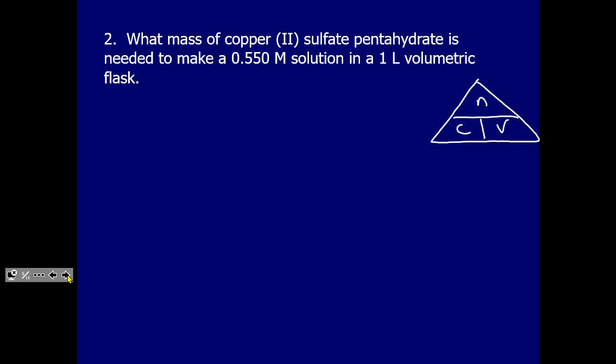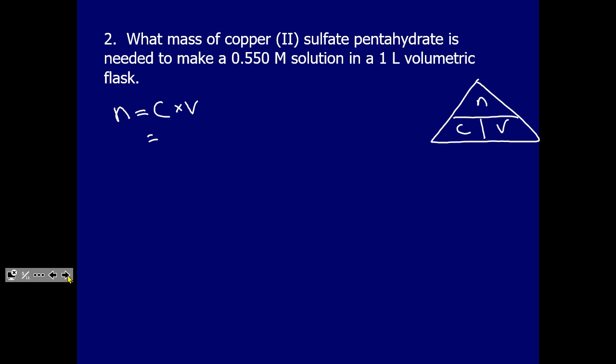Now, on a significant digits kind of basis, how should I write the 1 liter if it's like a flask like this, where I know it down to the individual milliliter?